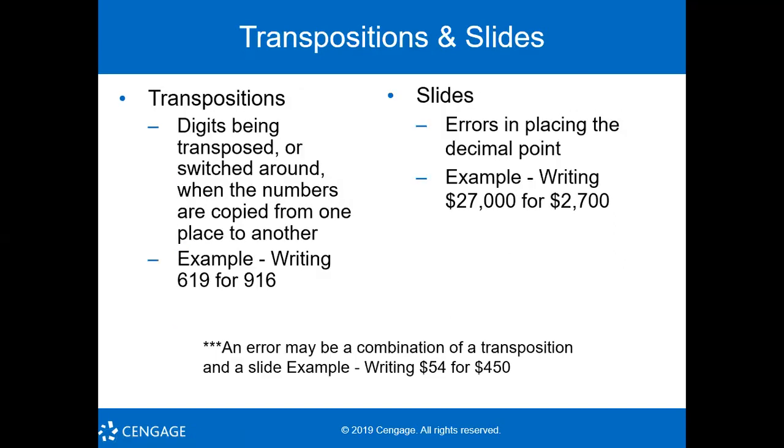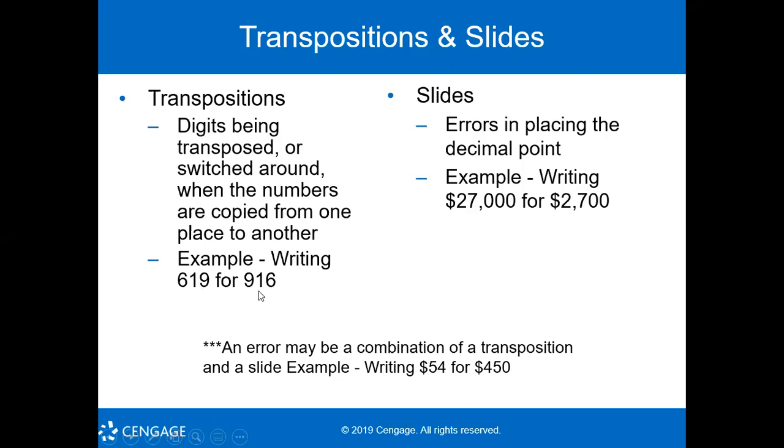And then we can categorize errors into really two main categories: either a transposition error or a slide error. Just like it shows here, a transposition error is when we transpose a number. So for example, we write 619 when it should have been 916.